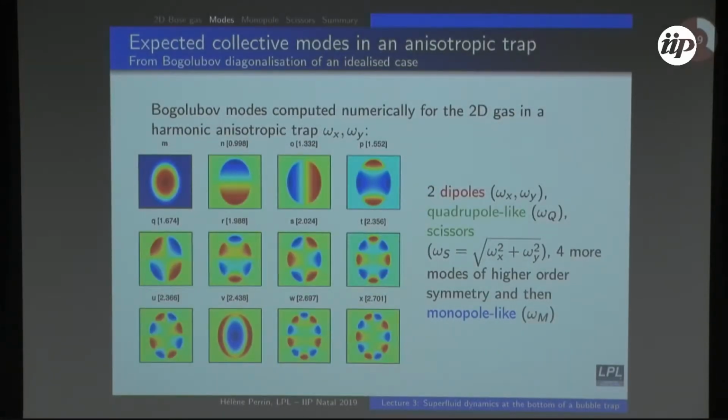Okay, so just to have a look at how it looks. This is for an anisotropic trap. This is the wave function of these modes. So this is a BEC at rest, if you like. The dipole modes are illustrated in this way. Blue means fewer atoms, red means more atoms, and green means the same number.